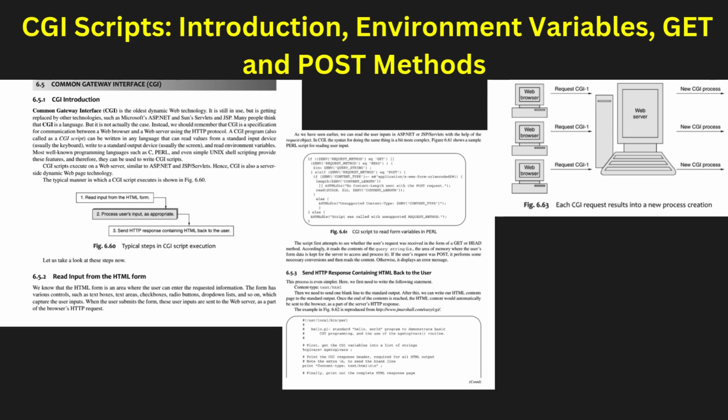The data is transferred between the client and the server using the GET and the POST method. The GET method appends the data to the URL, while the POST method sends the data securely in the request body. CGI scripts allow web applications to process and display user specific content dynamically. They are an essential part of server side programming.